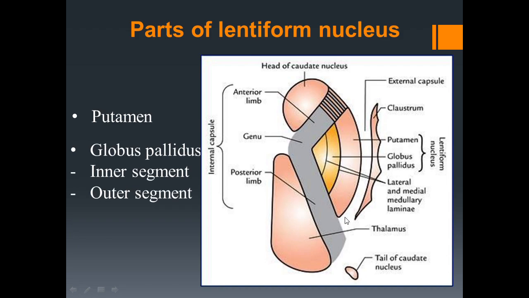The outer part is putamen and the inner part is the globus pallidus, and they are separated from each other by external medullary lamina. While globus pallidus is again divided into two parts, the outer segment and inner segment, by internal medullary lamina. So these are the parts of lentiform nucleus.